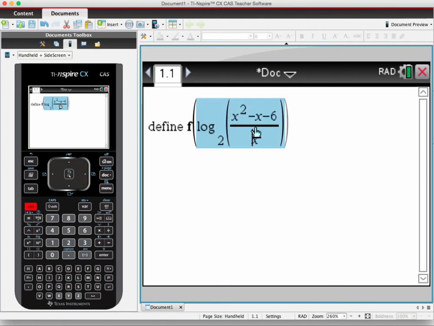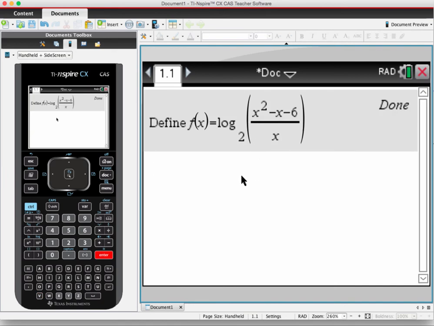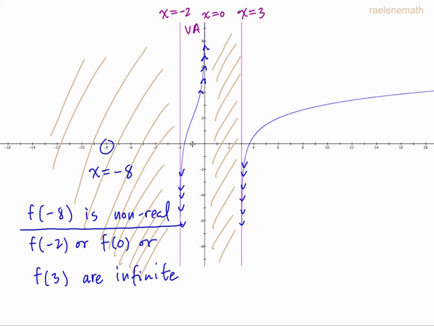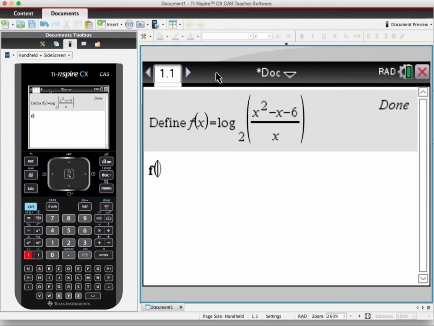I'll copy it. f of x equals that function. Okay, so let's just go back to our domain, and we see that if x is equal to -1, we have a point on the graph. And a point on the graph is a perfectly well-defined y value, and so we should be getting a real single finite y value when we evaluate f of -1. And sure enough, we do.